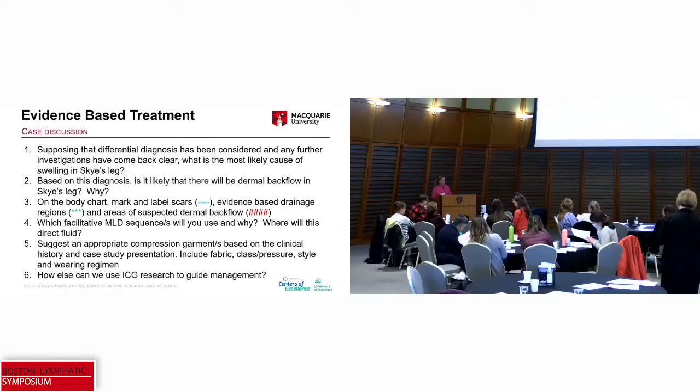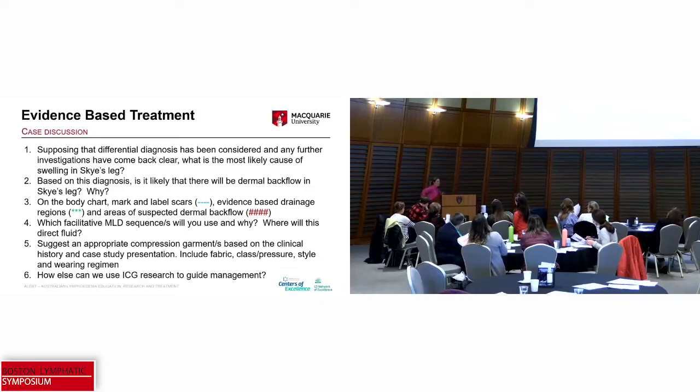Where else do we think she may be draining to based on her clinical presentation and our understanding of where cancer-related legs often drain to? Her gluteal drainage region, which tends to be fairly high on the buttock, usually around about there.